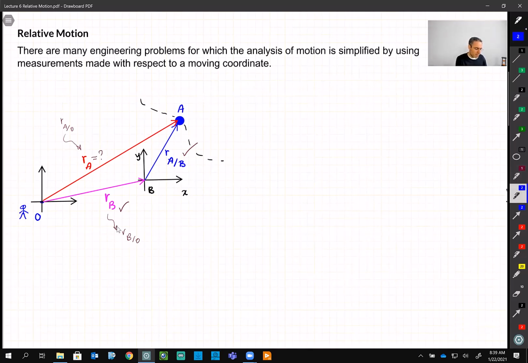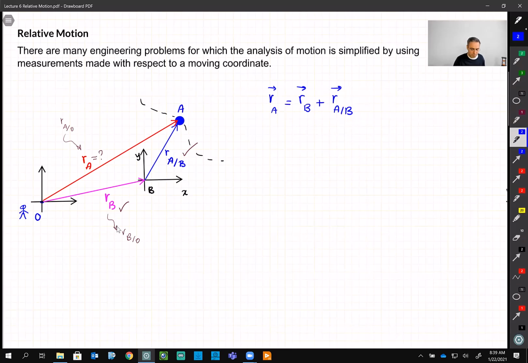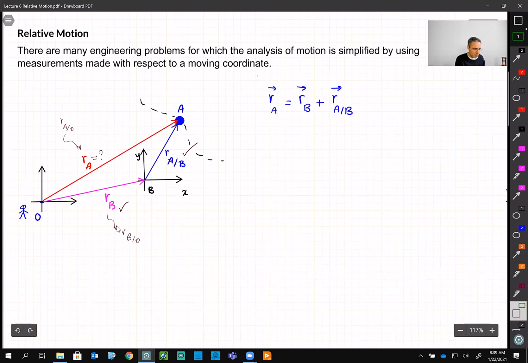This is the relation that, again, from math, from vectors, we can write that RA, our unknown, is equal to RB, the reference that is moving, plus RA with respect to B. And this is all vectors. So if we have this relation, then we take the derivative and we are good to go. Okay, this is what we call the relative motion.